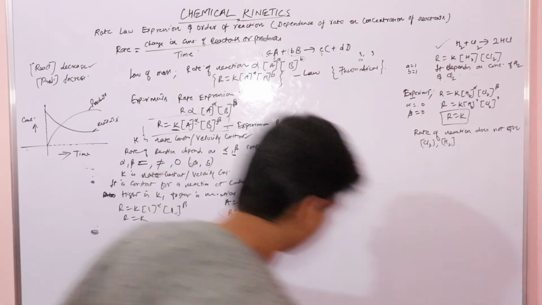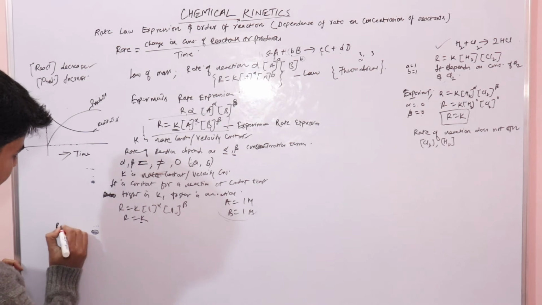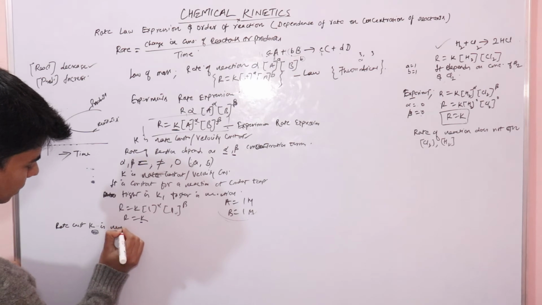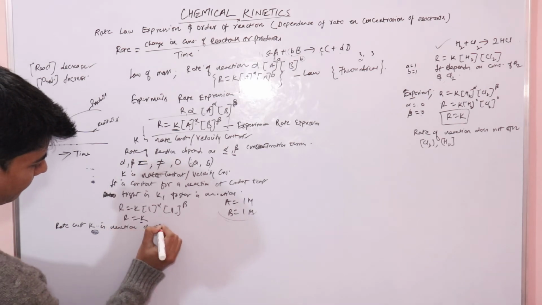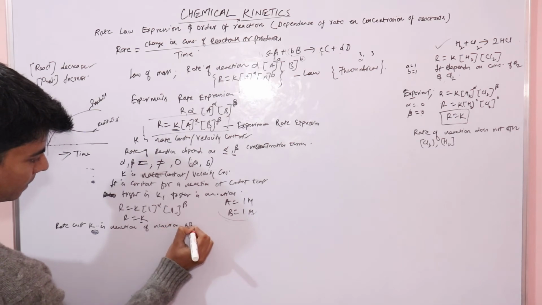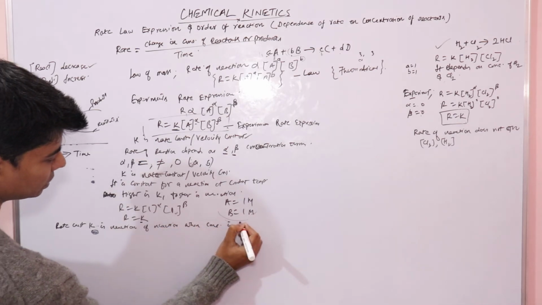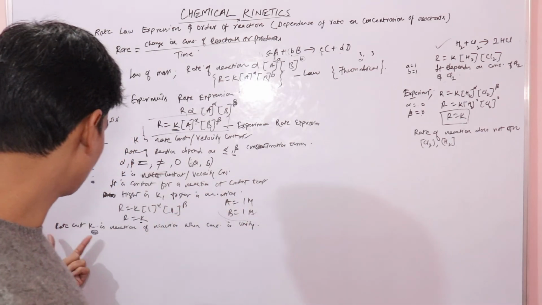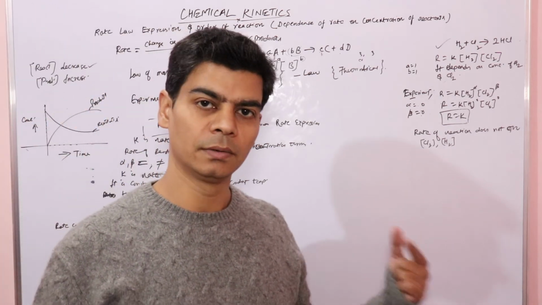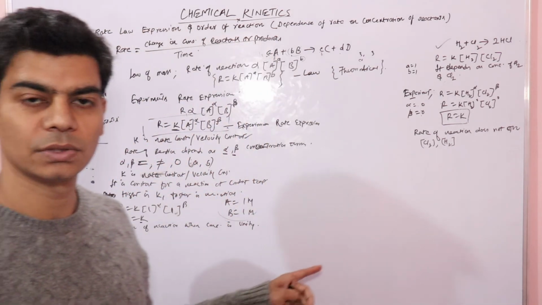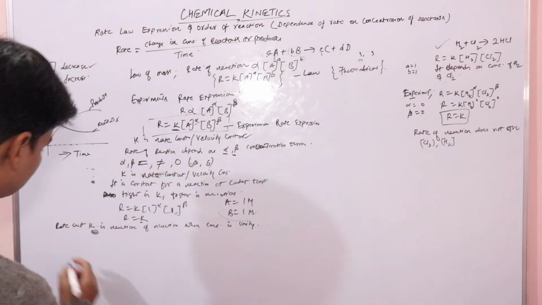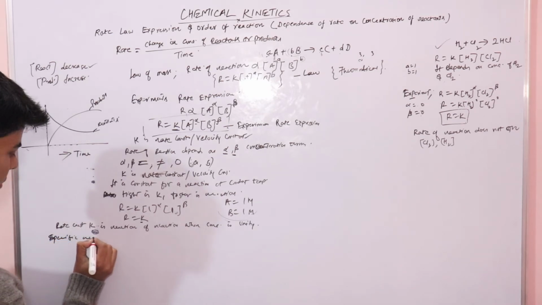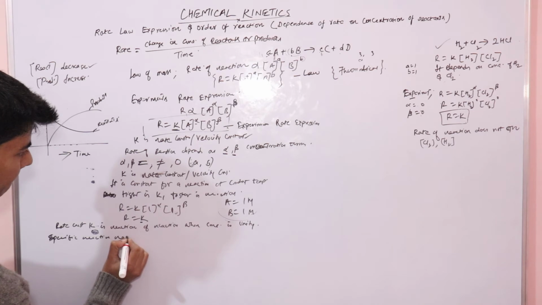Here the rate constant, that is K, rate constant K is rate of reaction when concentration of reactants is taken as unity, right? That is why we also call it specific reaction rate, right? Why? Because we have specified the concentration of reactants to be unity. That is why rate constant is also known as specific reaction rate, right?